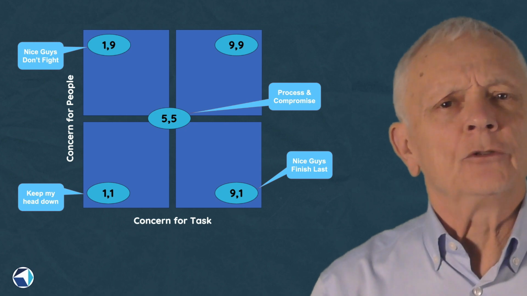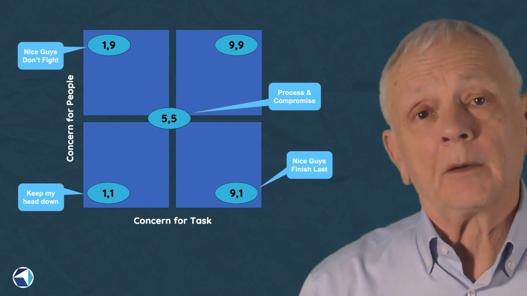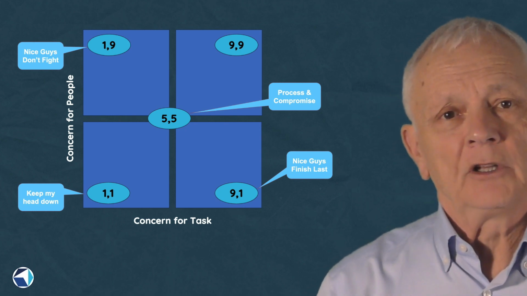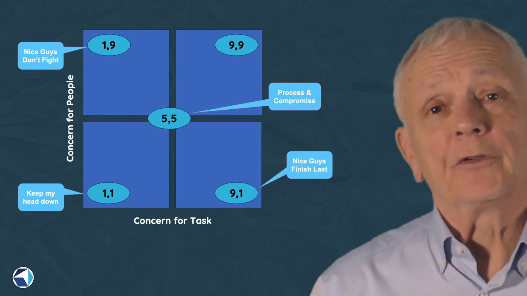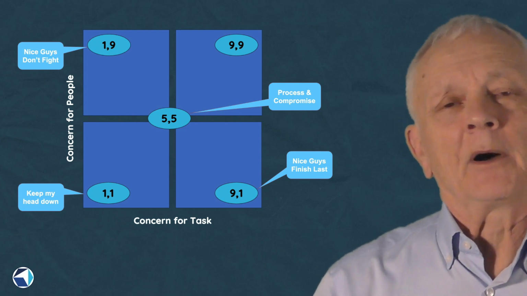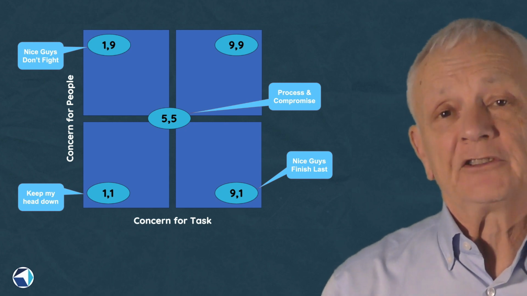And it is true that it's not bad, and indeed our ability to sometimes adopt a 5-5 style can be quite beneficial, and I'll come back to this later. The big problem with the 5-5 style, obviously, is that you're not going to maximise results, and you're not going to maximise people's motivation either.